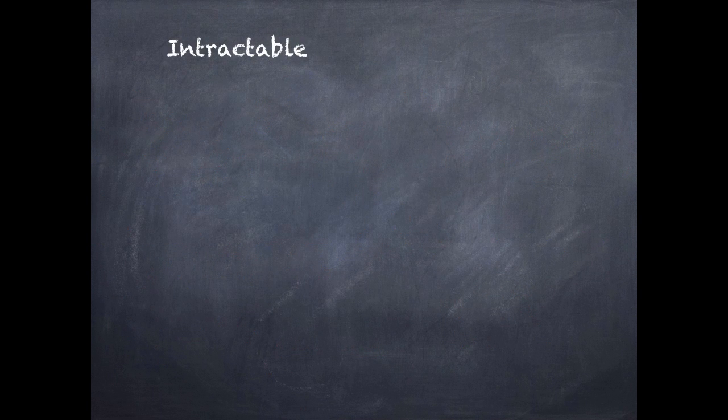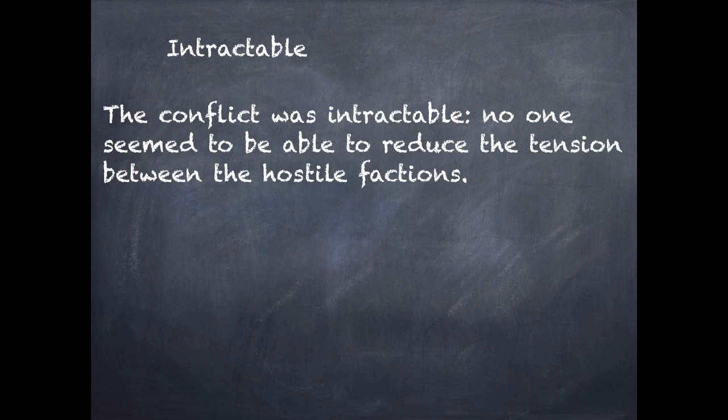All right, let's see what intractable means. Let's look at a sentence with it. The conflict was intractable. No one seemed to be able to reduce the tension between the hostile factions. So look at the sentence. The conflict was what? Intractable.